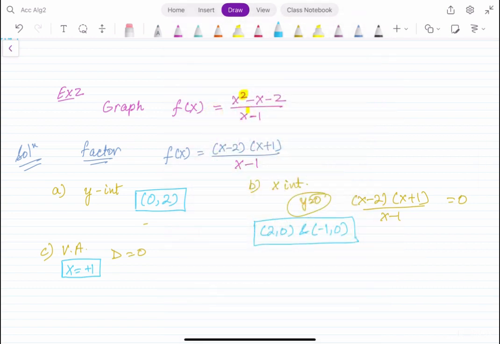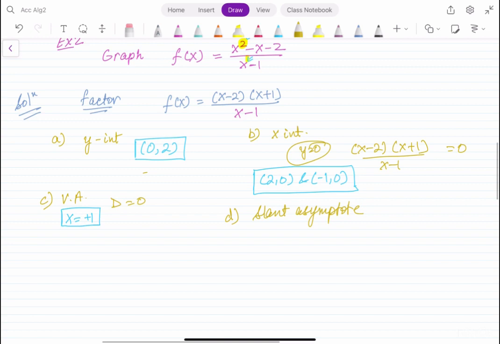Now, are we looking for a horizontal asymptote? This is the case of bottom-heavy, right? No, big on top. So whenever big on top, we are looking for a slant asymptote. So slant asymptote implies we are looking for long division or synthetic division. If you use long division or synthetic division, your answer should be something like this.